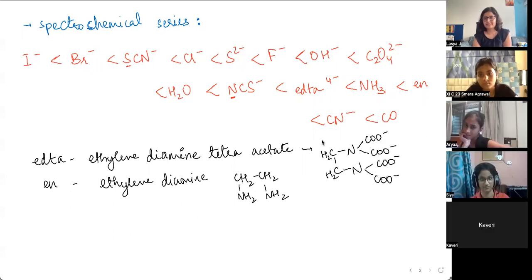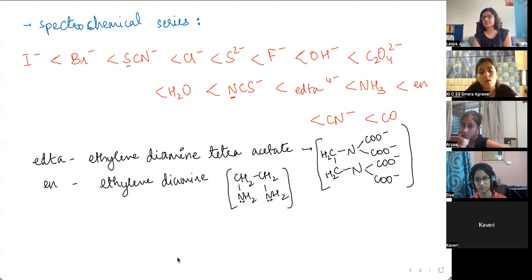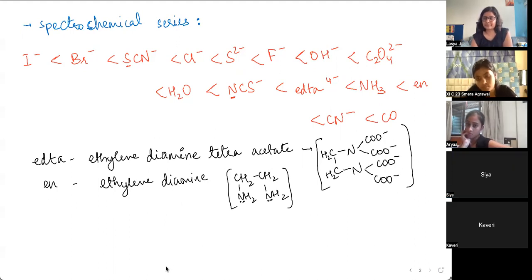EDTA is this molecule. That's why it's EDTA4 minus. Ethylene diamine is this molecule. The lone pair on nitrogen is the one that takes part in bonding. In EDTA, it's the lone pairs on nitrogen and also the 4 carboxylate ions, all of them get into bonding.